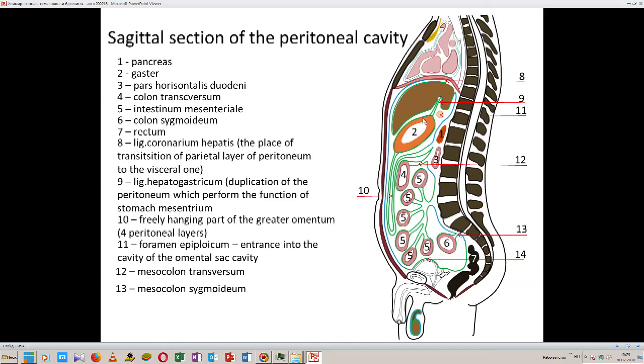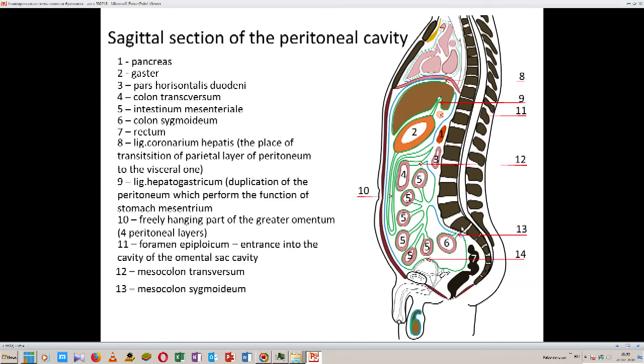So, a very narrow space inside of the abdominal cavity. And in norm, this space contains 50 milliliters of serous fluid. In norm, only 30 or 50 milliliters of fluid.